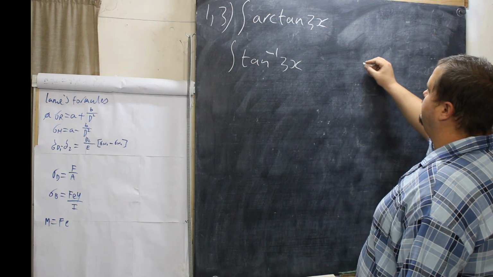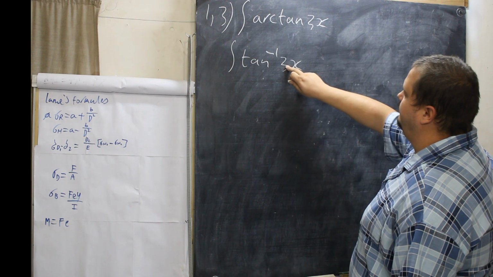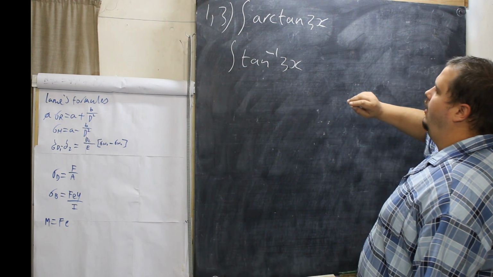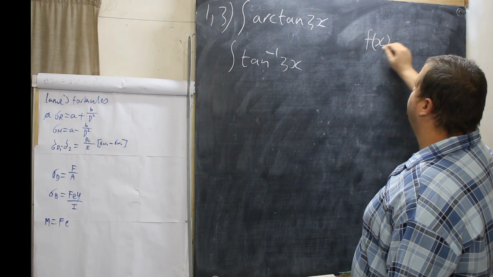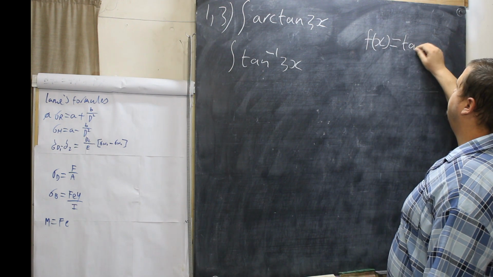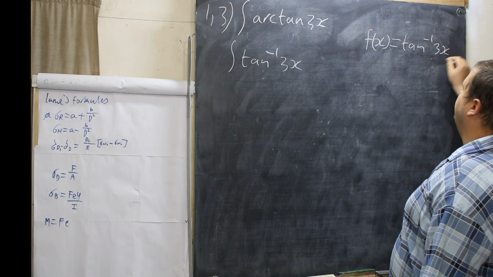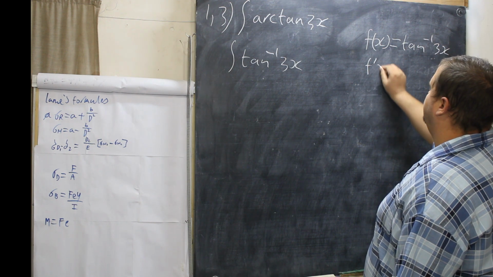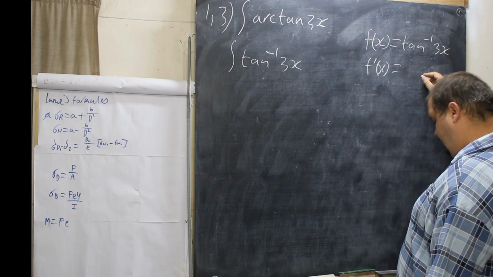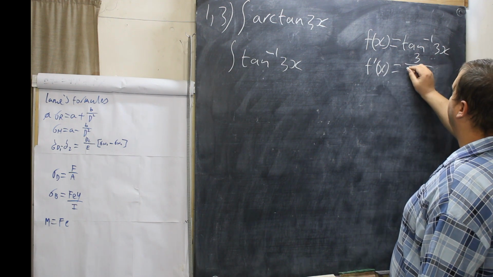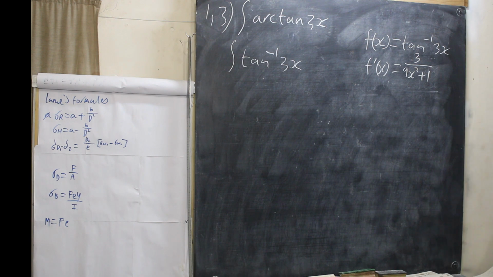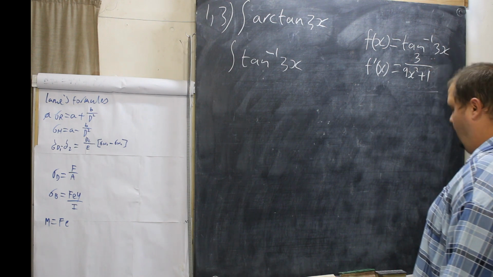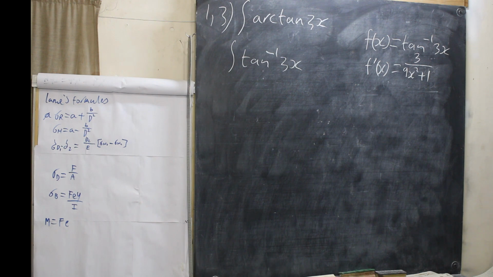So what we're going to do first, we have to take the derivative of this one and the derivative of 1. So f of x is equal to tan to the minus 1 3x. The derivative of that is 3 over 9x squared plus 1. You'll find an equivalent of this in your formula sheet.